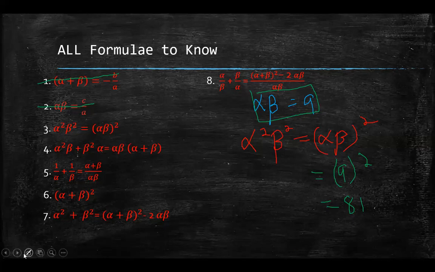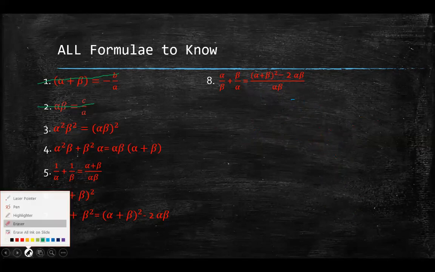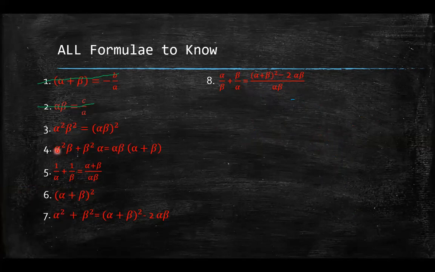All right. The next formula. These are just some things you need to know. Say they ask you to calculate alpha squared beta plus beta squared alpha. Let me show you something: alpha squared beta plus beta squared alpha.